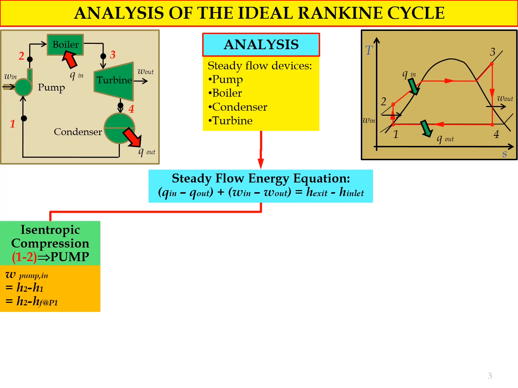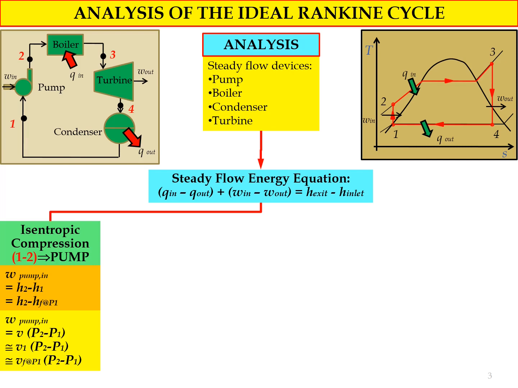Because for the ideal Rankine cycle the condition for state number 1 is saturated liquid, instead of using H1, we can use HF at P1. HF at P1 stands for the enthalpy value at the saturated liquid condition, which refers to state 1 for the ideal Rankine cycle. So for W pump in, we have another equation.